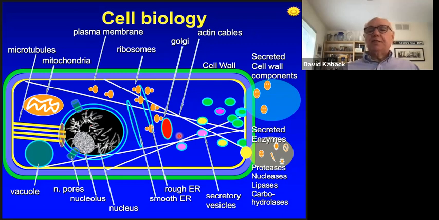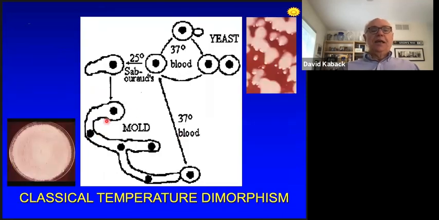Okay, the other thing that's really important, as I told you, is fungi have different parts of their life cycle and completely different forms. So we're going to hear about a bunch of fungi that exhibit what we refer to as classical temperature dimorphism, which means that if a fungal spore or a cell lands on something like blood agar and it's warm, it's going to grow as a yeast cell, as shown here.